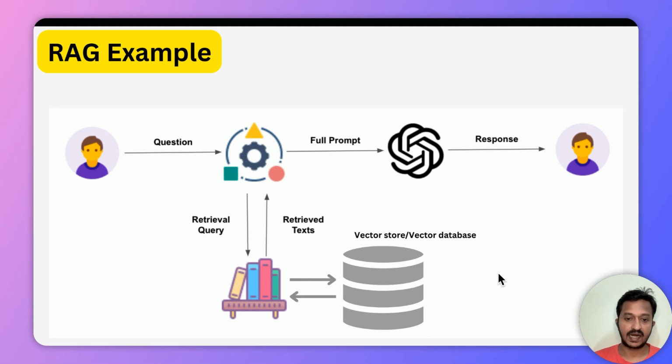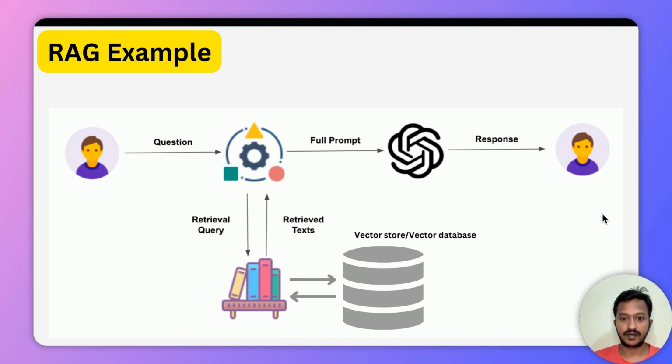And then you get the retrieved chunks with a full prompt. They go back again through an LLM to respond back to the user. So as you can see here, a vector database is very important because that is where all the knowledge source is stored in a RAG system.